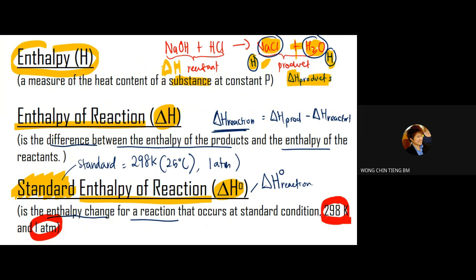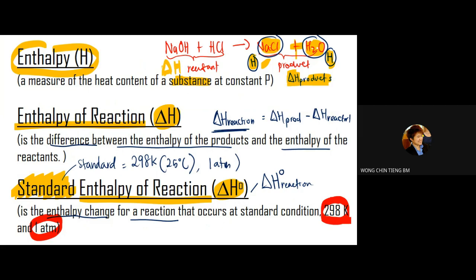Yang kedua at any temperature that is not 25 degrees Celsius and not 1 atm. Okay? Kalau benda tu tak berlaku pada suhu ini dan juga pada pressure ini, kita akan panggil dia enthalpies of reaction. Kalau benda tu berlaku pada 298 Kelvin and 1 atm, benda tu kita panggil standard enthalpies of reaction. Faham? Penting ya? Sebab definition akan mengubah.